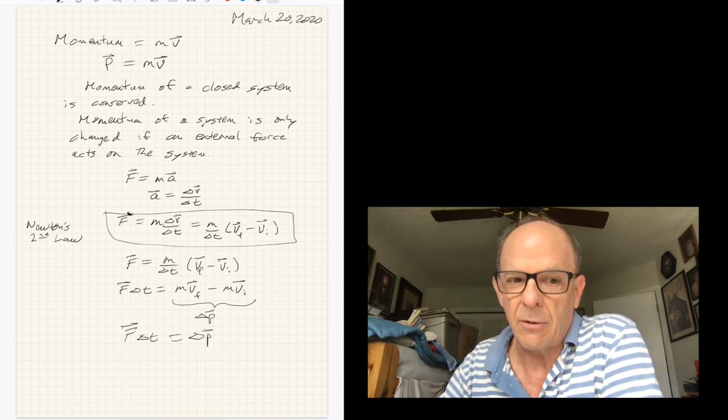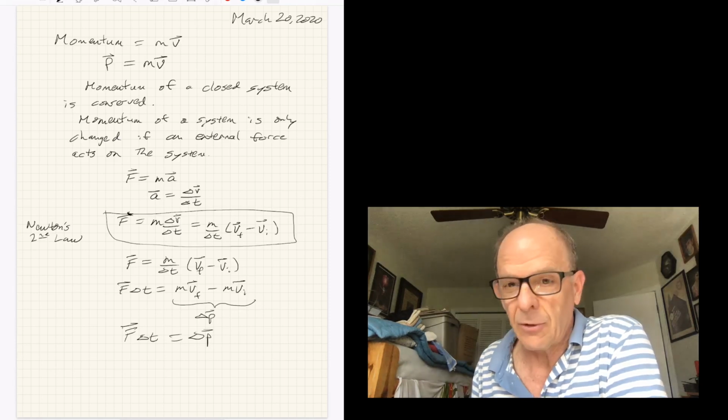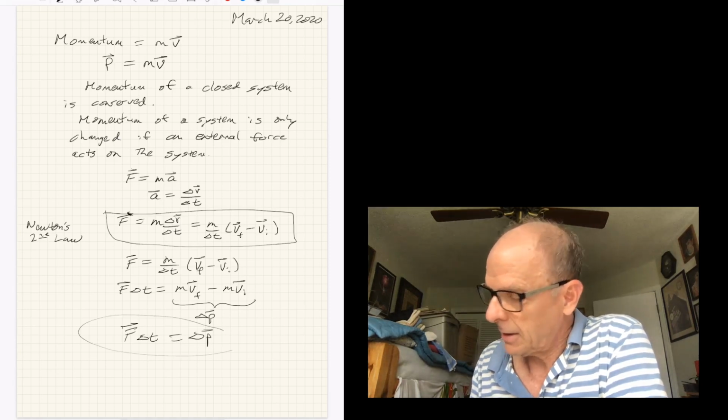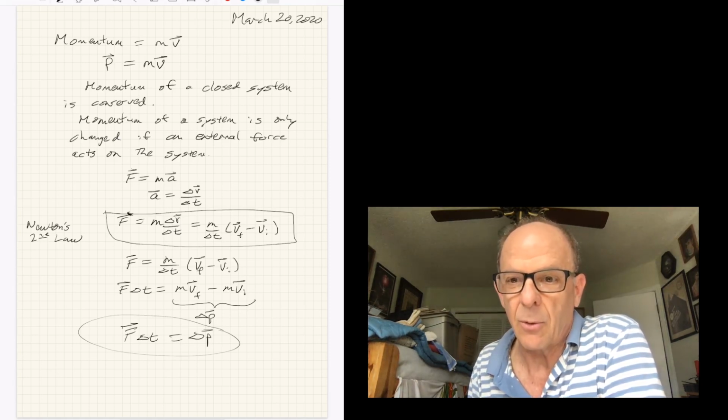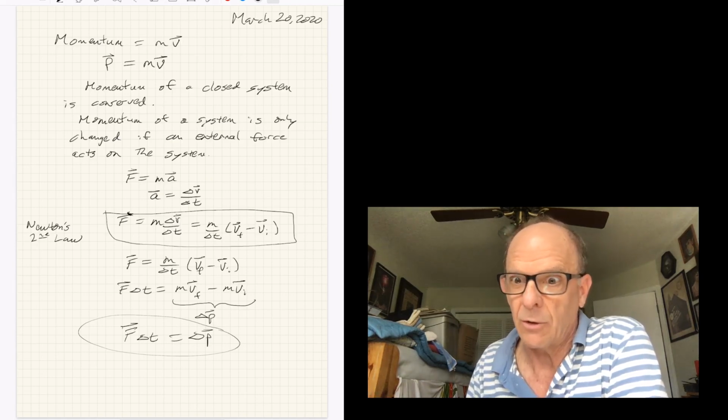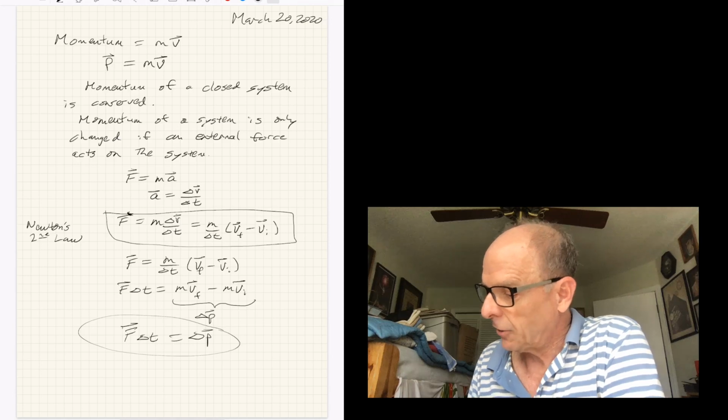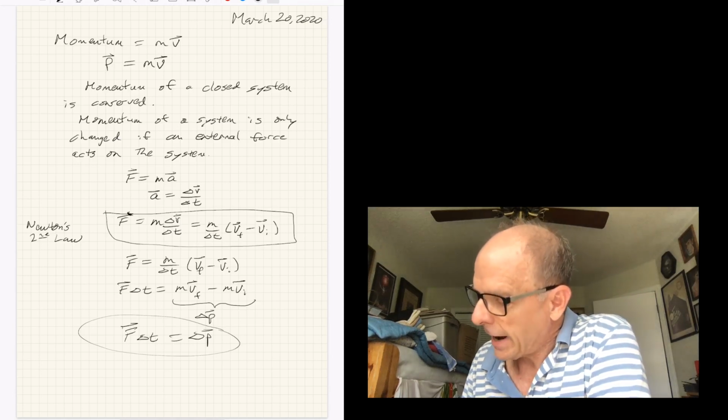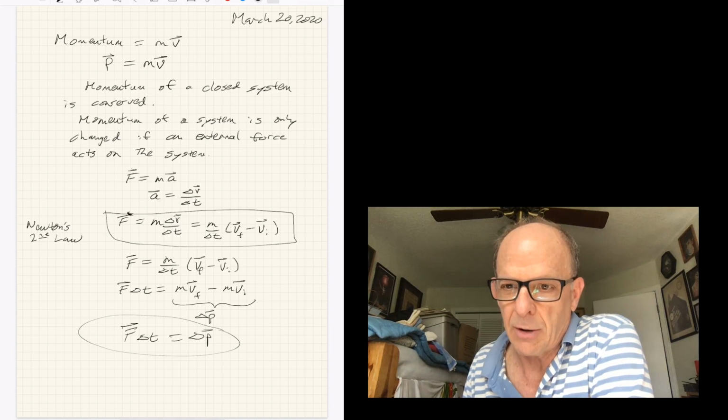In other words, the change in momentum, delta p, is zero unless there's a force acting on it. And that's what we've got down here. If there's a force acting on it, that gives us a change in momentum. If there's no force acting on a system, then the momentum of that system doesn't change, no matter what is going on inside it.